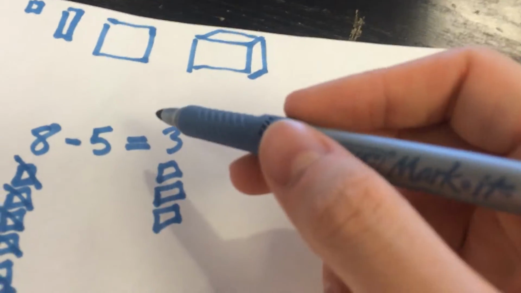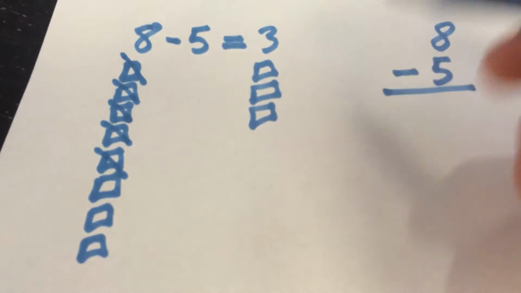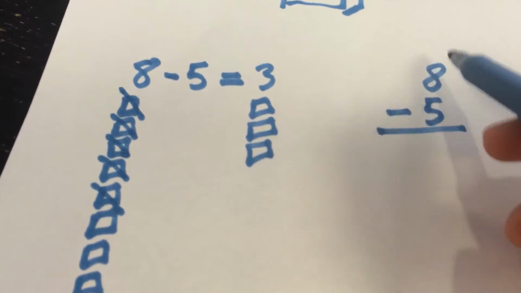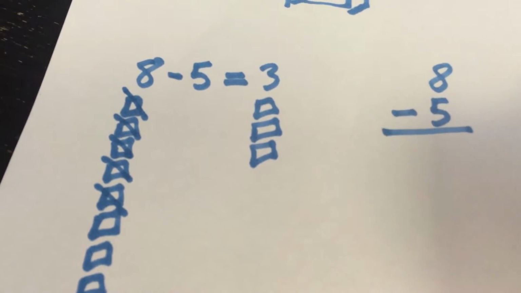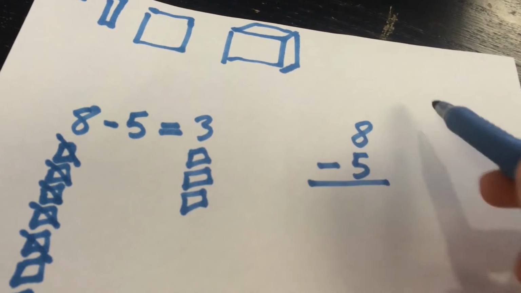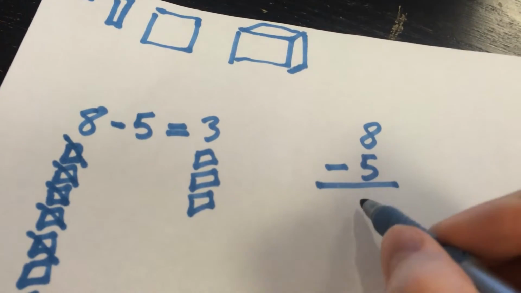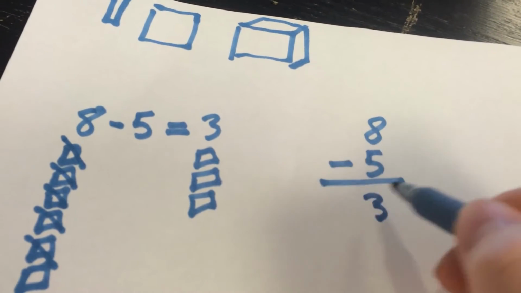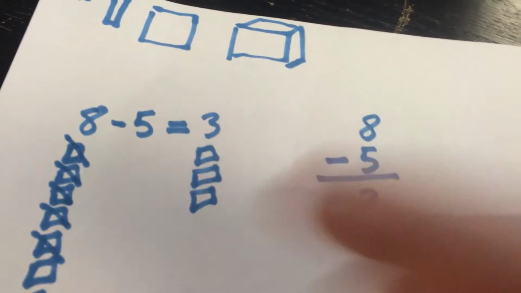And you do something like this, only you have to do it imaginary in your head. So we have 8 blocks. Let's imagine that we have 8 blocks, and we're taking away 5 of them. Cross them out. That leaves us with 3. So 8 minus 5 is equal to 3.